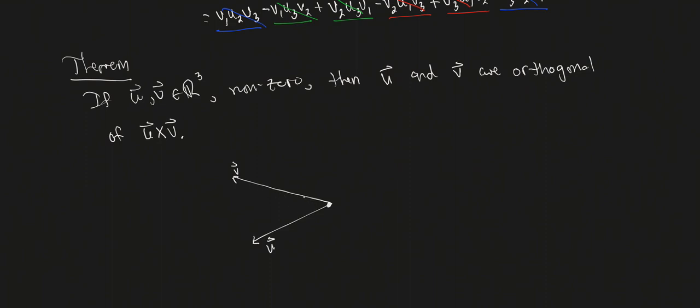But let's say they have some angle that's strictly between 0 and pi, or 180. When I compute the cross product, I am going to get a third vector. So it's like I'm in R3, a third vector, where that third vector is at 90 degrees with v and at 90 degrees with u, right? So u cross v would be this vector.